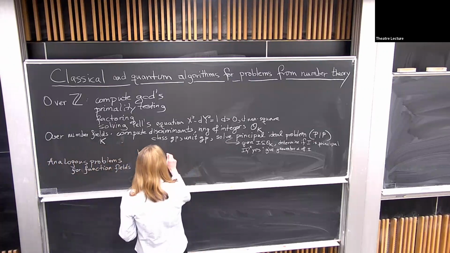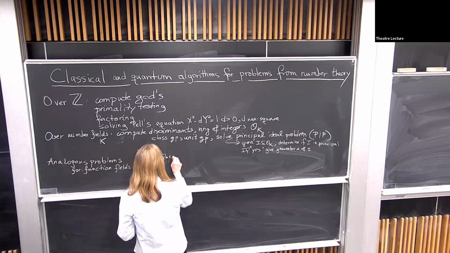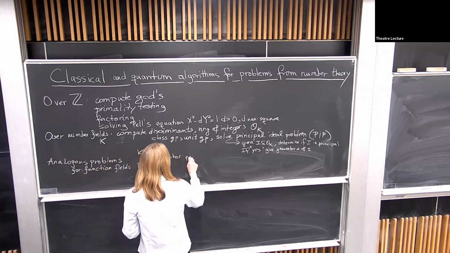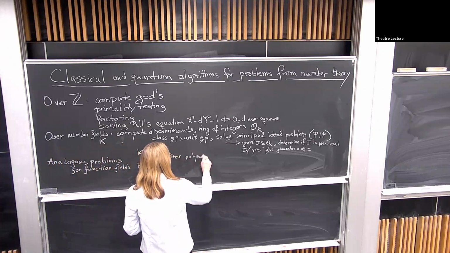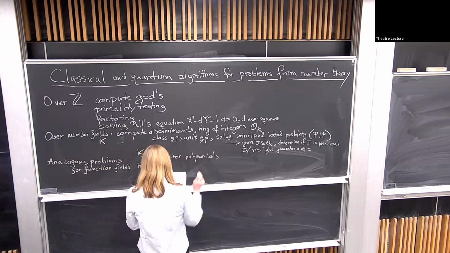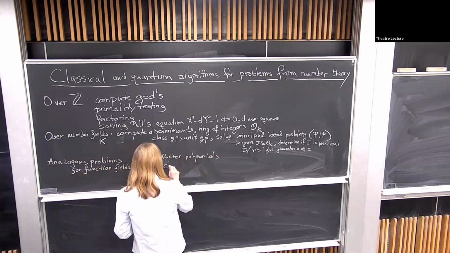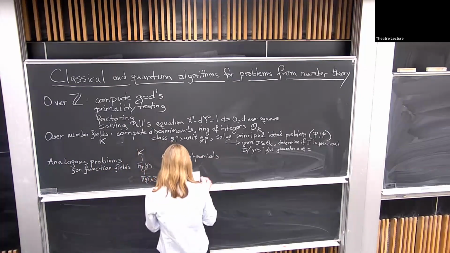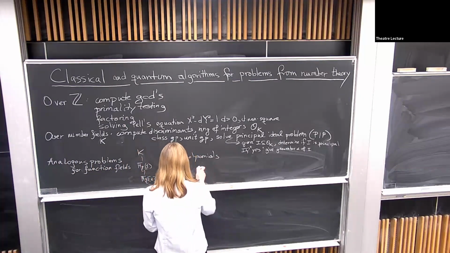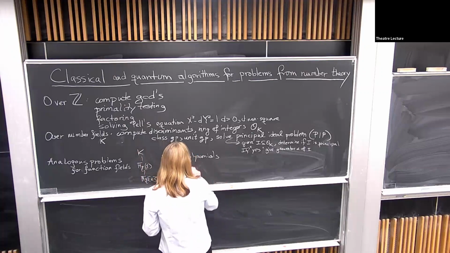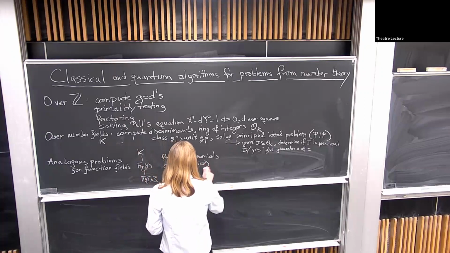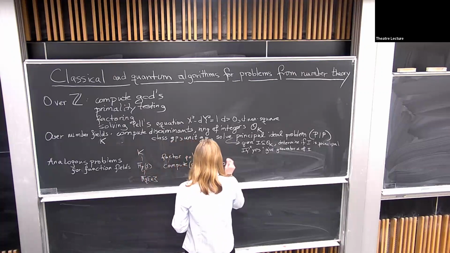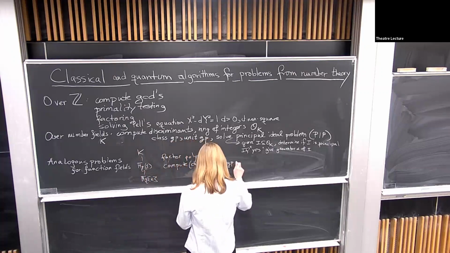Then the analogous problems are, again, this time factoring polynomials with coefficients in some finite fields. And if we view the upstairs things as a function field of a curve, we can talk about computing class groups or divisor class groups, however you want to view it. And then there are also certain unit groups.